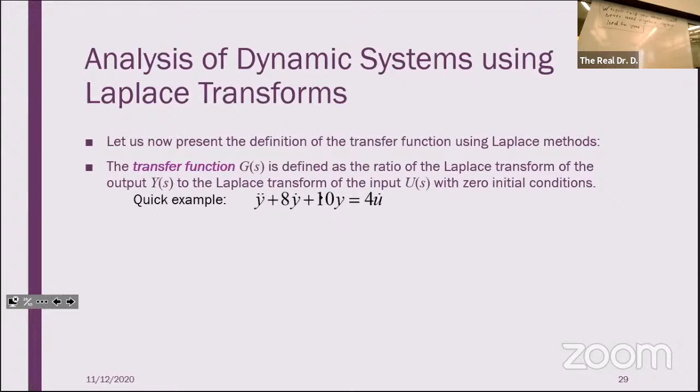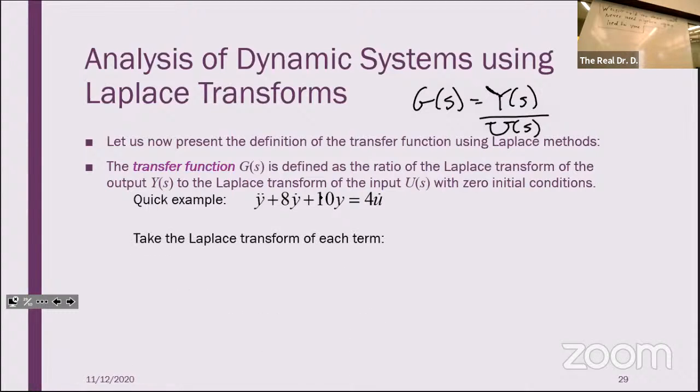Quick example: y double dot plus 8y dot plus 10y is equal to 4u dot. I want the transfer function. Remember, transfer function tells you that g of s is equal to y of s over u of s. This is what my transfer function is. I need to take the Laplace transform of each of my terms. Now remember, there's zero initial conditions.